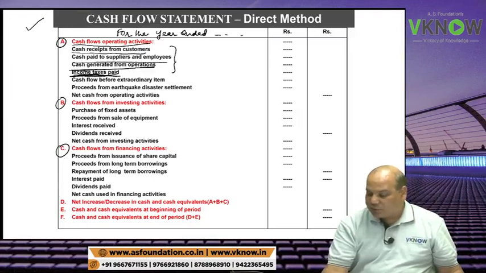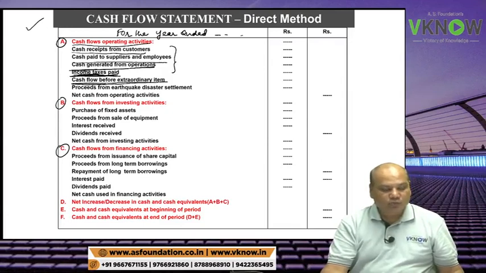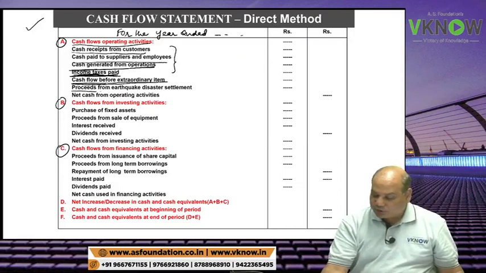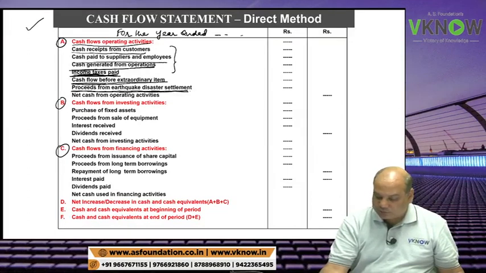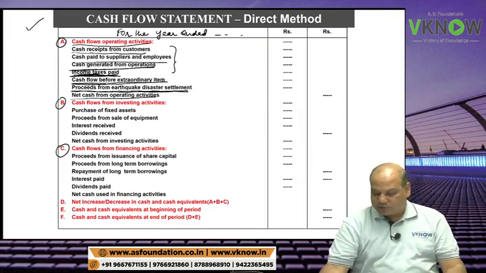Income tax paid will be shown separately. Cash flow before extraordinary item. In case you have any extraordinary cash flow, that means those which are not related to day operation, but you have received it, you will write extraordinary cash flow separately, proceeds from earthquake disaster settlement, and therefore net cash flow from operating activities.